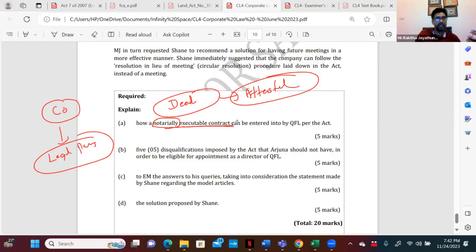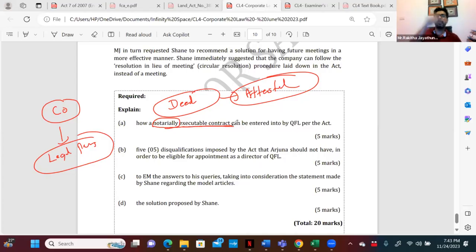So they are asking, what if a company wants to buy a land? That's the example we have to take, because that's the place where we have to get the document notarially attested. We call it a deed of transfer.